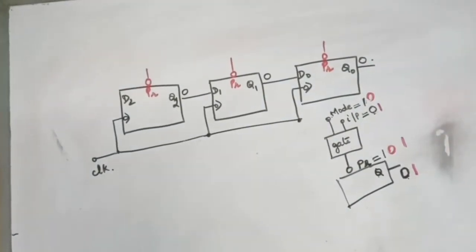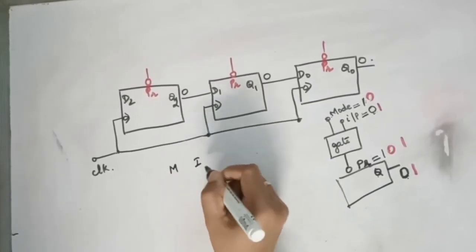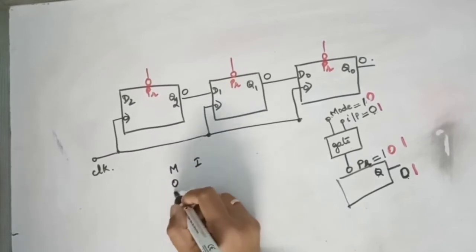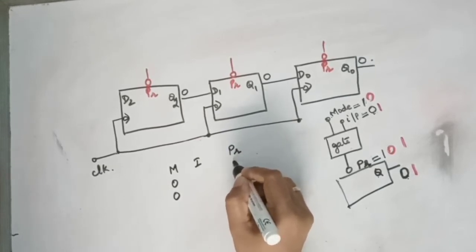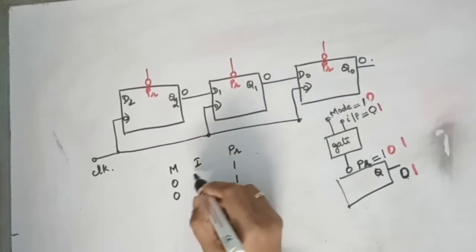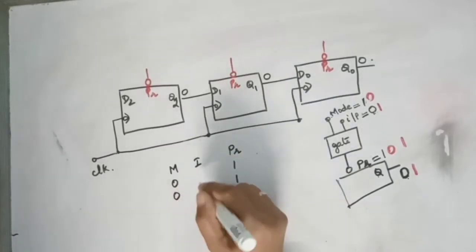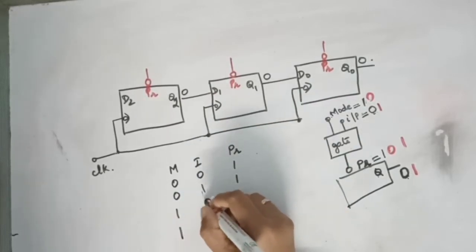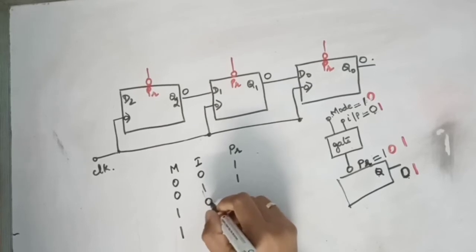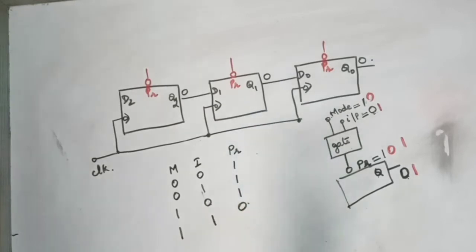That is, in short, for mode and input: mode 0 means the preset output should be 1, and the input can be anything, 0 or 1. Mode 1 means if the input is 0, then preset should be 1, and if the input is 1, then the preset should be 0. So what is that gate?